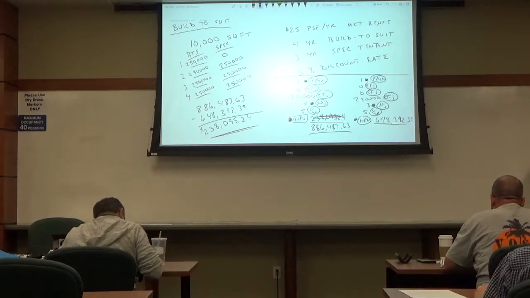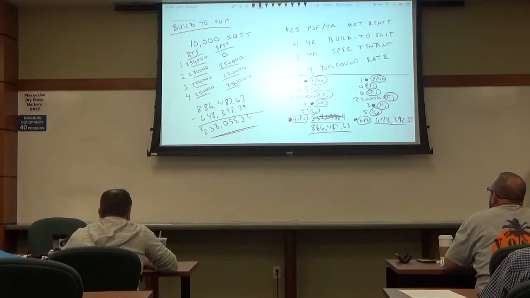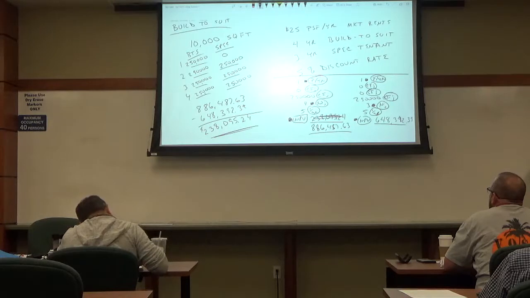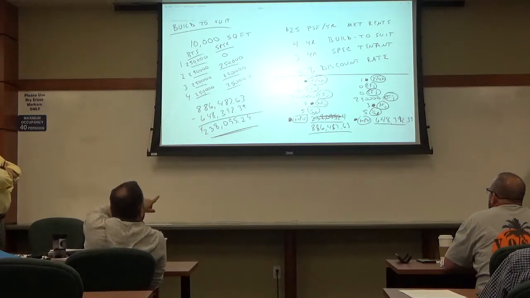So, in this particular case, how much of a rental discount could you offer the build-to-suit tenant up front, in dollars per square foot per year, to be equivalent to the speculative tenant? The difference between the two.